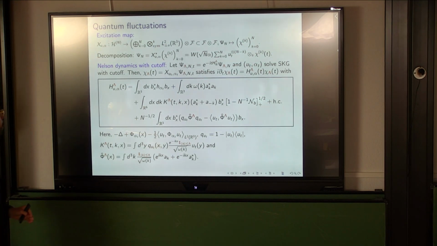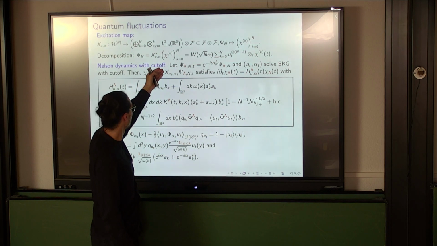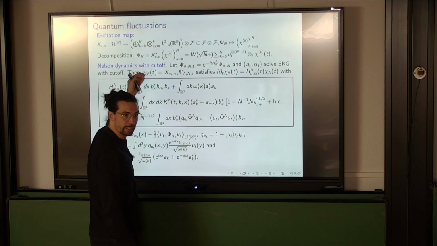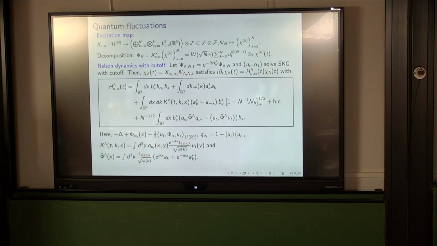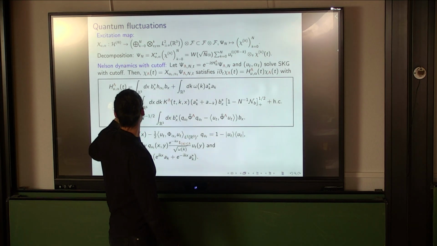But then I can look at the map with respect to these solutions, which maps psi n t onto the excitation space, and this chi lambda t then satisfies a Schrödinger equation, where the Hamiltonian is given by the following expression.